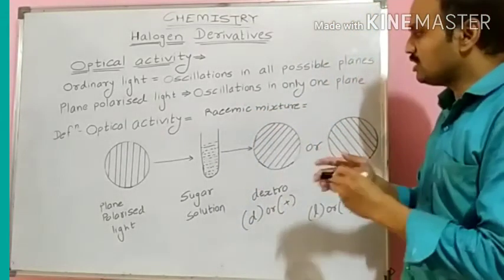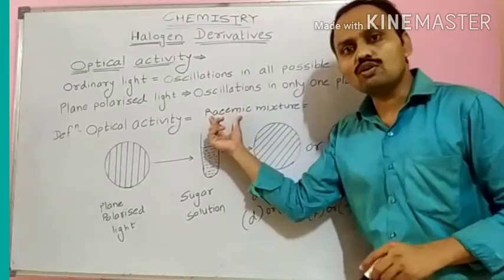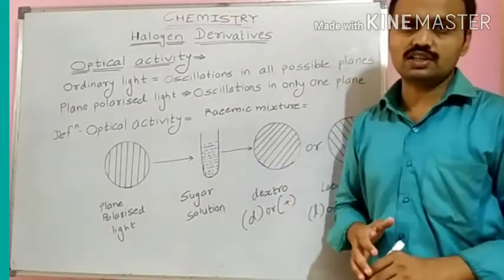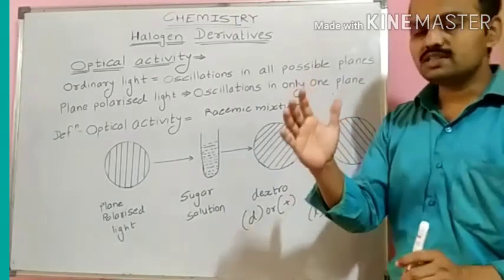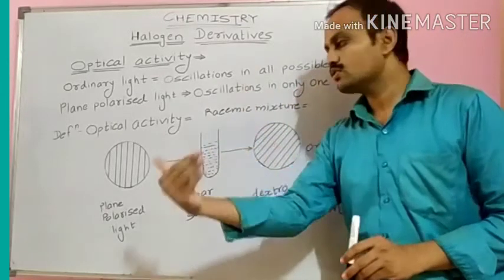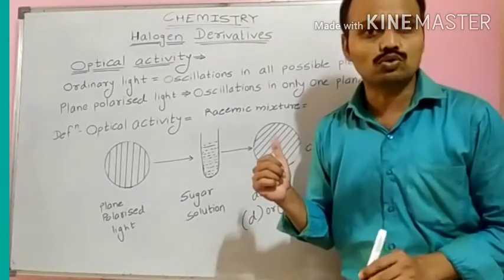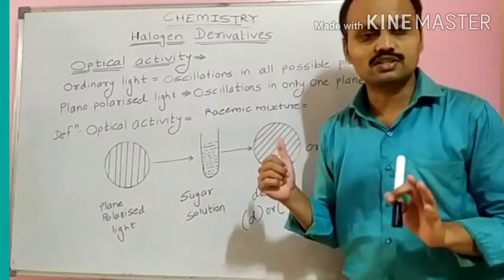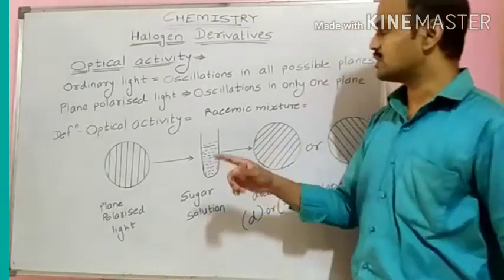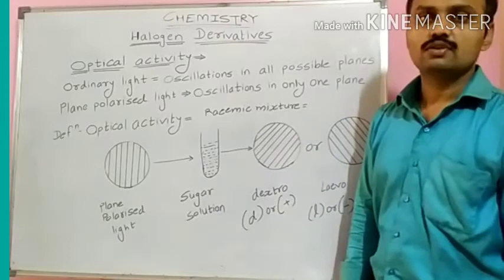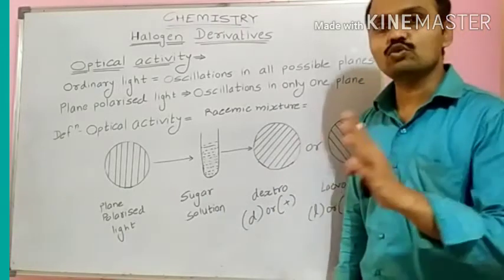A racemic mixture is a mixture of enantiomers of the same concentration, where one substance is dextrorotatory and the other is levorotatory. And remember, students, a racemic mixture is optically inactive.